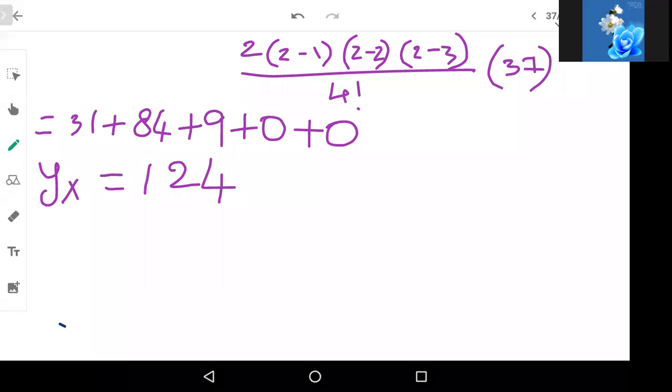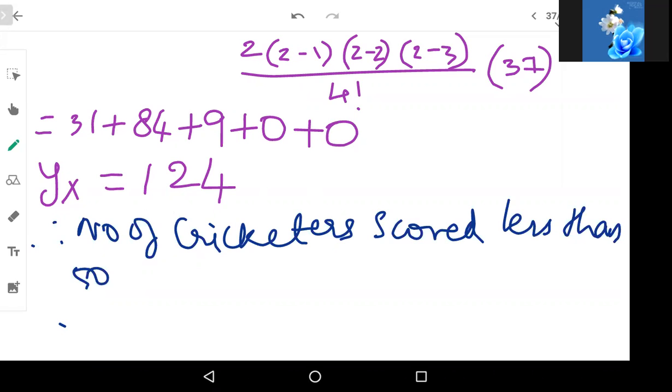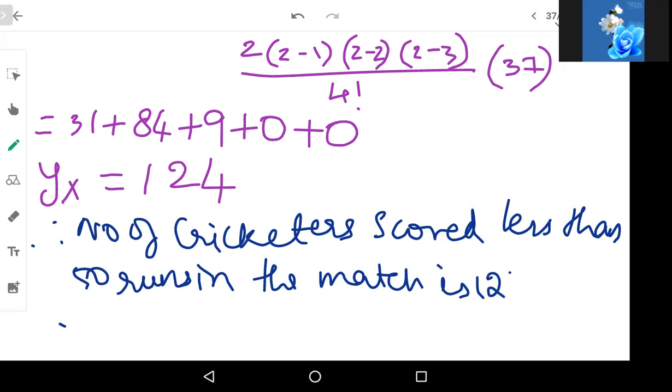So therefore, write the conclusion: the number of cricketers who scored less than 50 runs in the match is 124. Now from where did we get this number of cricketers?